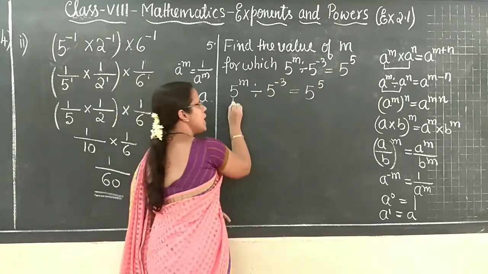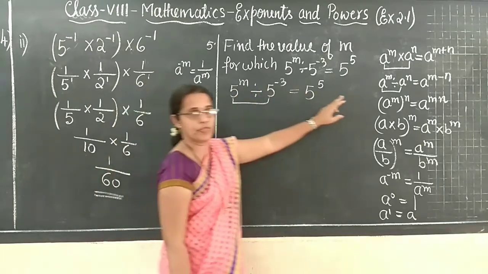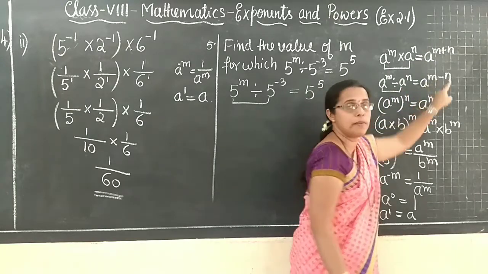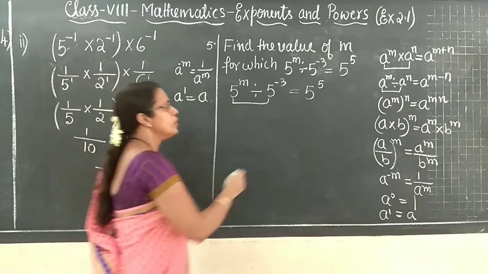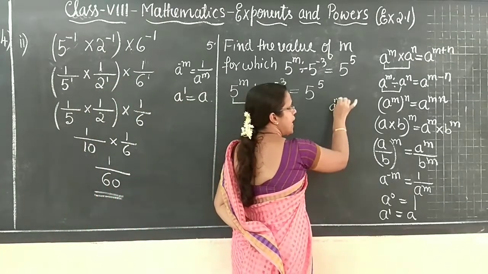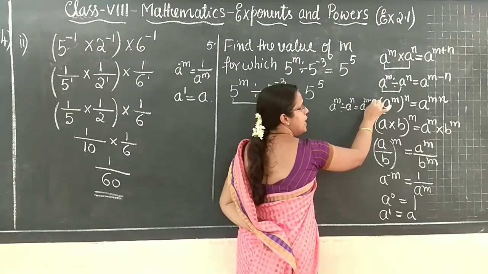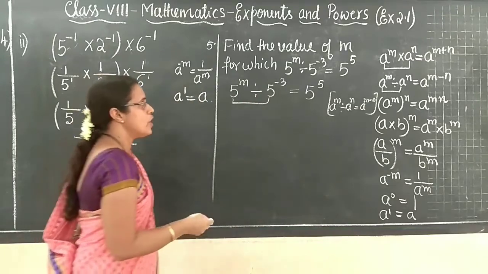The bases are the same, so powers can be subtracted. Which law can be used? The second law: a to the power m divided by a to the power n is equal to a to the power m minus n. So when the bases are the same, you have to subtract the powers.